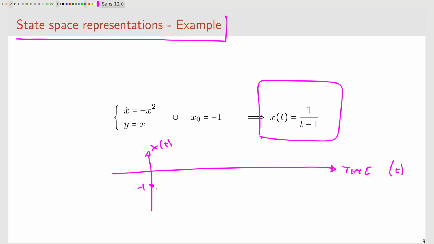That means something that goes to minus infinity as t approaches 1. You see it?